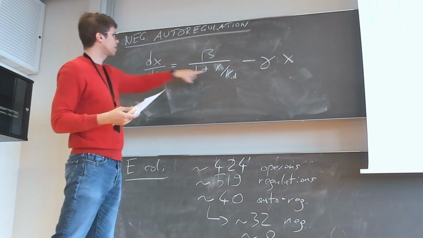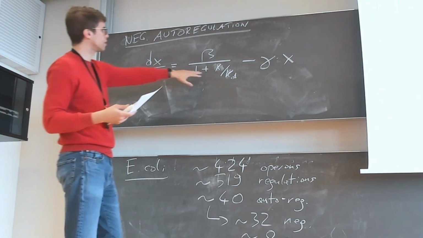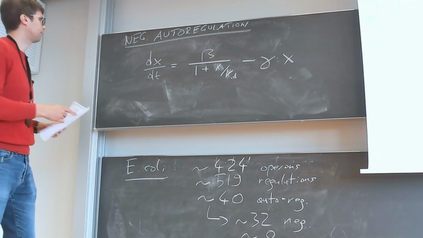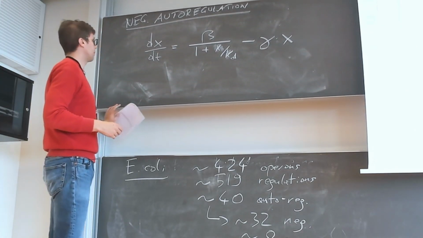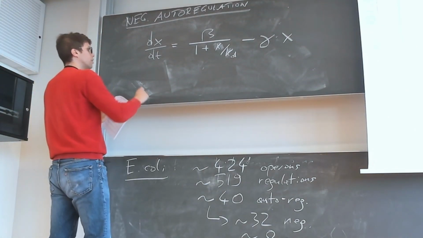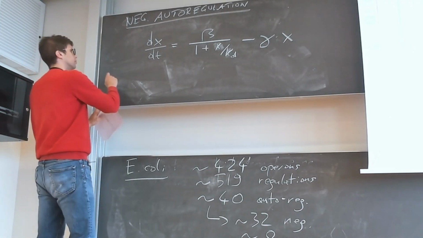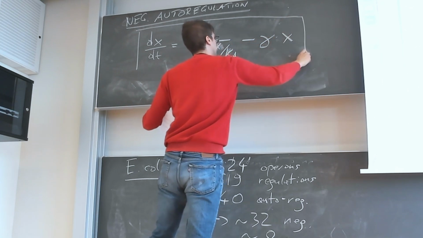And because we're putting X here instead of something else, this is autoregulation. And because this goes to 0 as X goes to infinity, it's negative autoregulation. Okay. Let's try to understand what is going on here. So again, we have an ODE model.